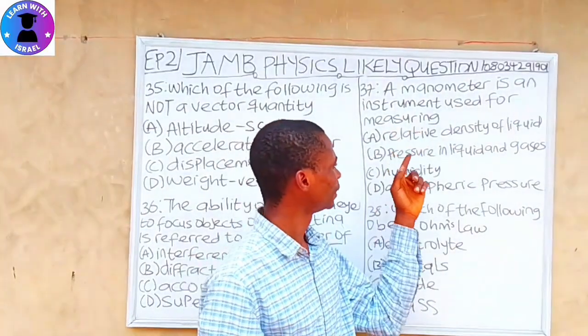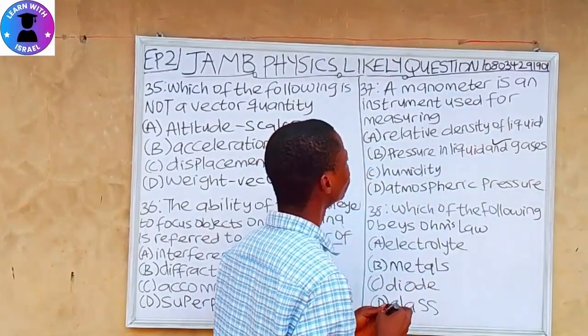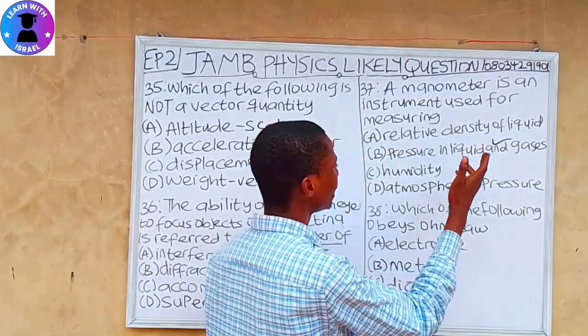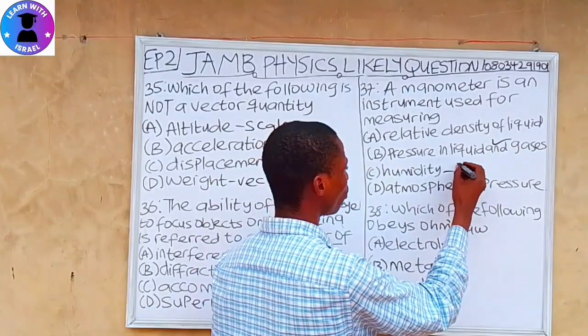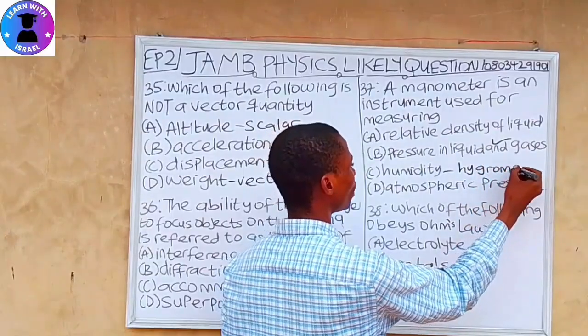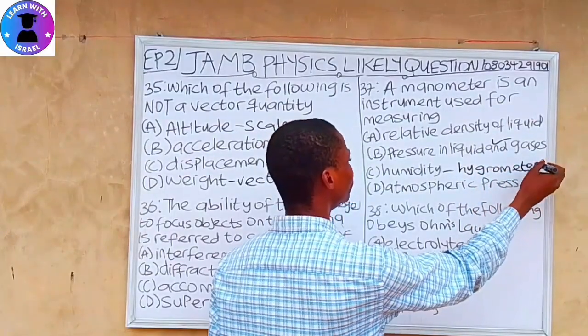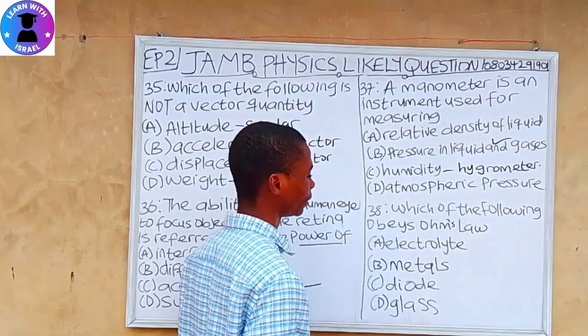So let's check. Yeah, it's in option B. Pressure in liquid and gases. And for humidity, a hygrometer is used for measuring humidity.